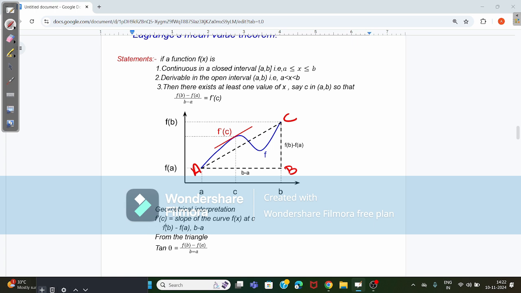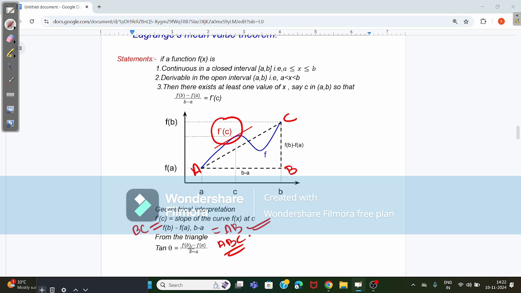Geometrical interpretation: f dash of c is the slope of the curve f of x at c. From the triangle ABC, this is the value of AB and this is the value of BC.